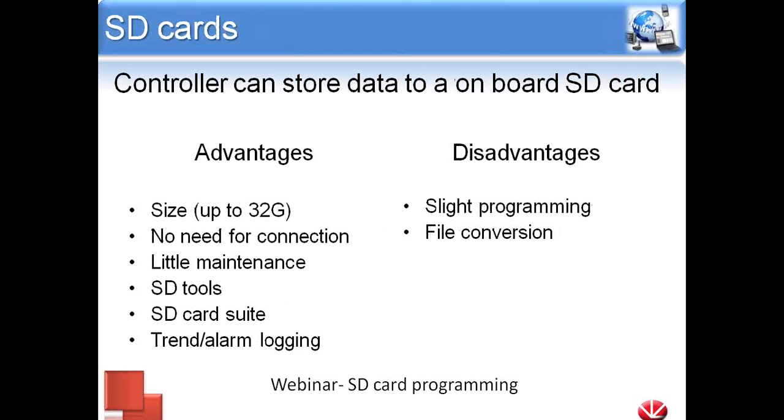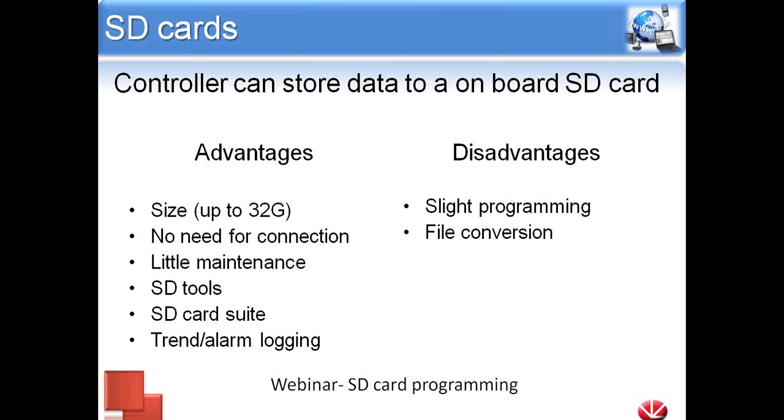The last type of logging that I would like to discuss are SD cards. A controller can store data to an onboard SD card. Now, the advantages of this type of logging is that we can set it and forget it.